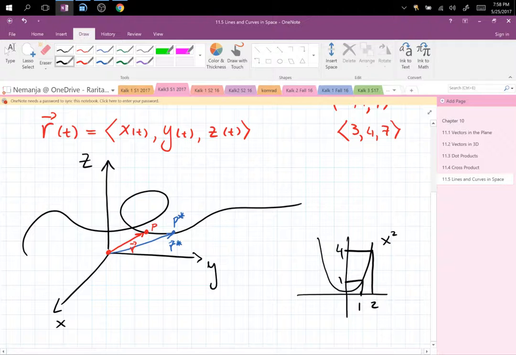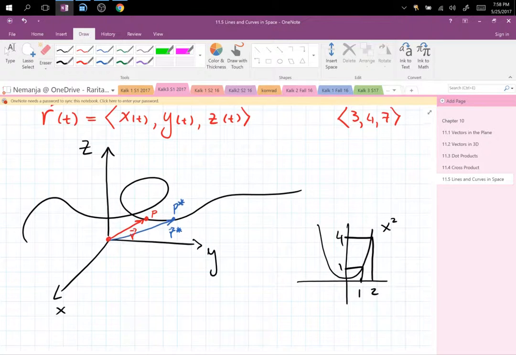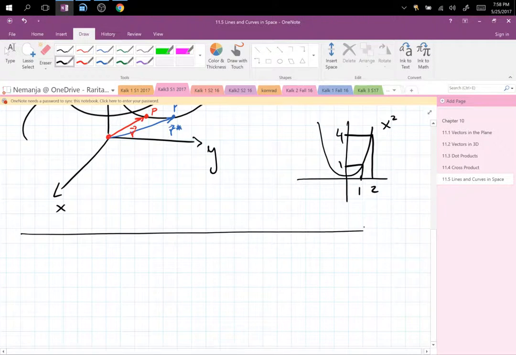So to give the simplest possible example of this, let's say vector r is t squared, t plus 1, and something. What else can I put? I ran out of ideas. I'll just put the number 4. z is going to be 4 all the time.